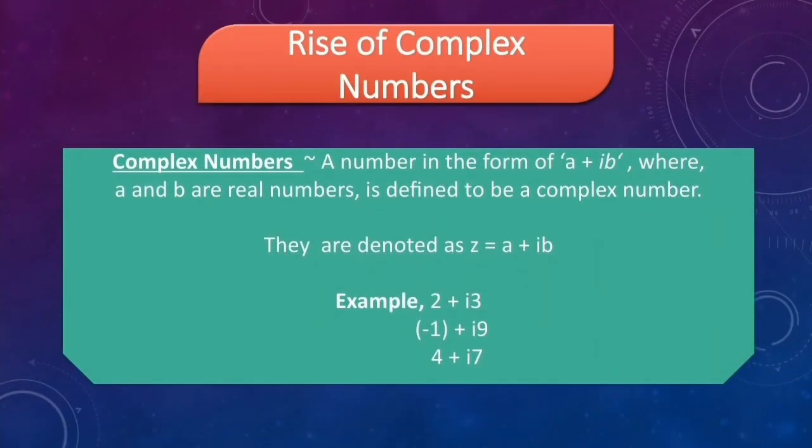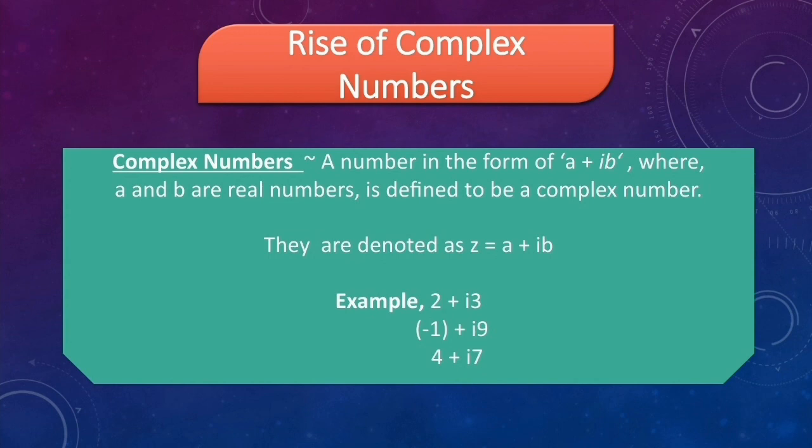Now let us learn how this iota made a new sequence of numbers called complex numbers. The definition of the complex number is on your screen now. You can pause and read it. As I said, iota made a new type of numbers called complex numbers.